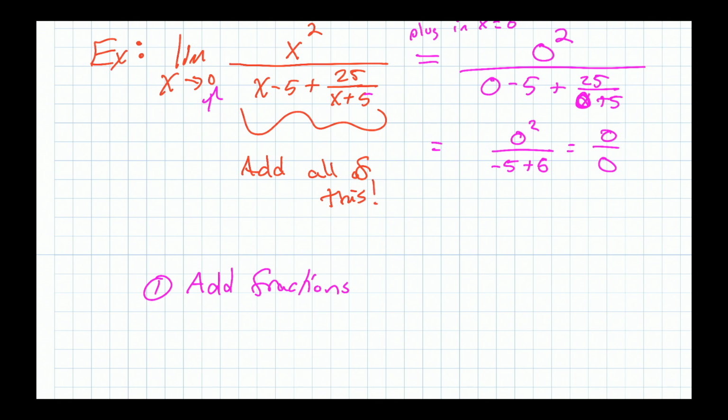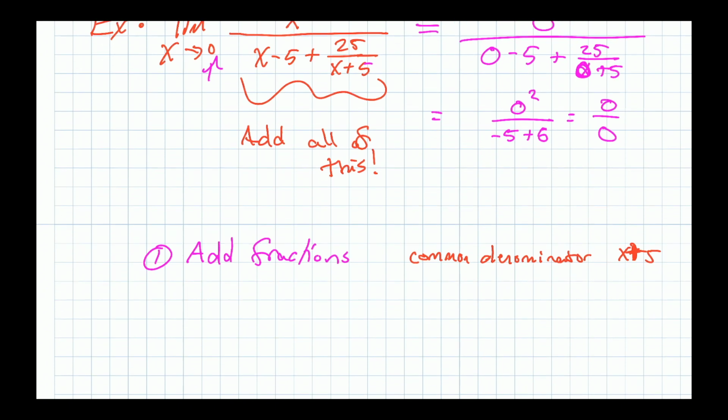Now, what is the common denominator going to be? Well, there's only one denominator, so the common denominator is just going to be x plus 5.